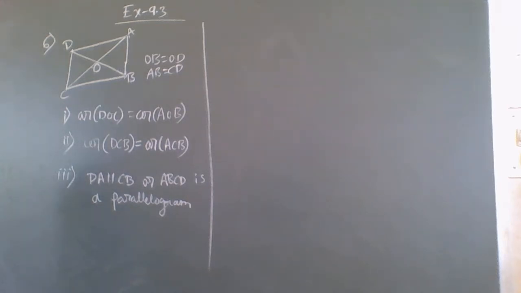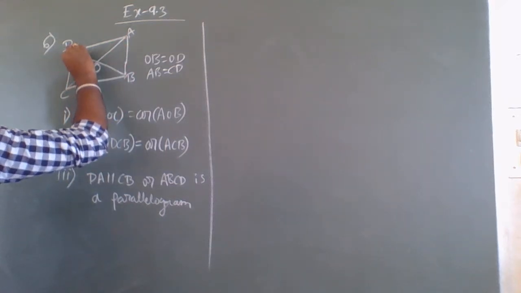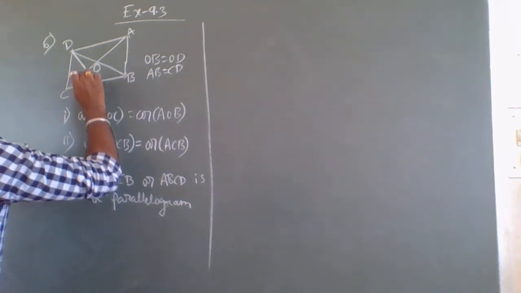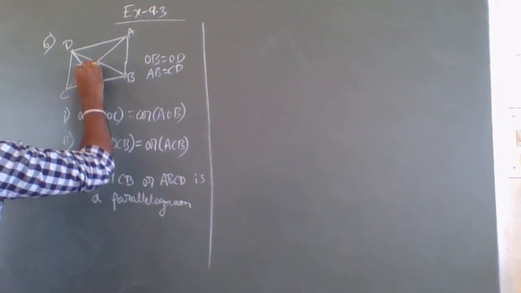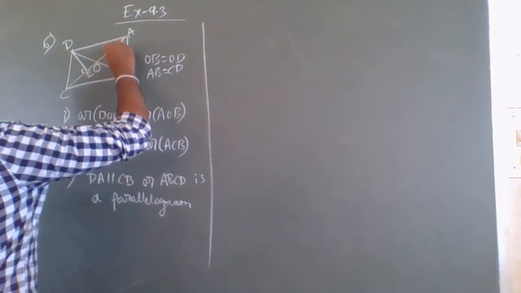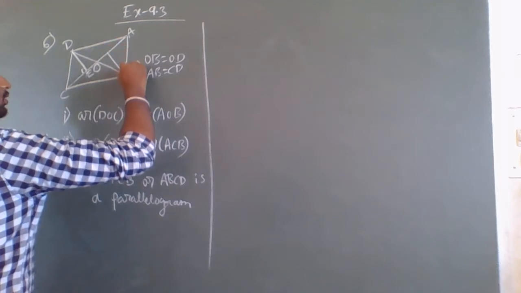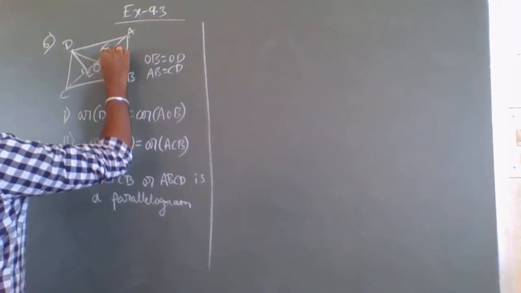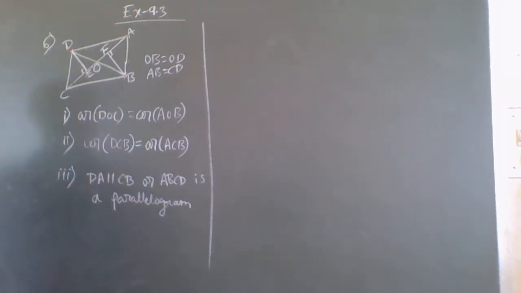Here I will consider this perpendicular line DE. This is perpendicular to AC from point D, and again I will draw another perpendicular line, and this FB is perpendicular to AC.